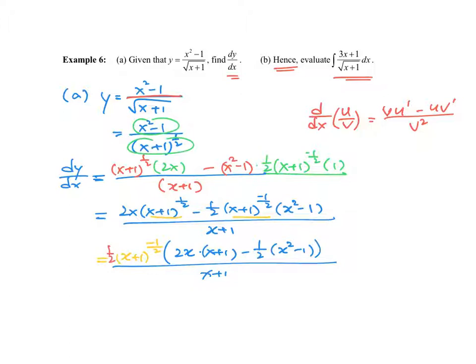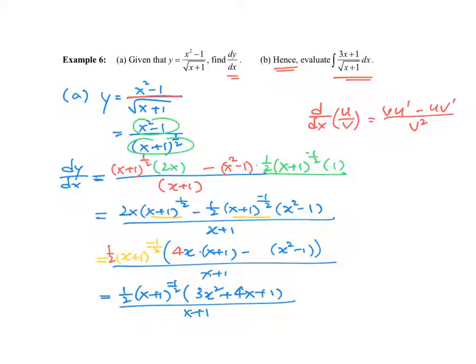If we keep 1 over 2 at the front earlier, then this one will disappear, and this one will change to 4. So you have 1 over 2, (x plus 1) to the power minus 1 over 2. Inside you should have 4x squared minus x squared, plus 4x, and plus 1, divided by x plus 1 at the bottom.